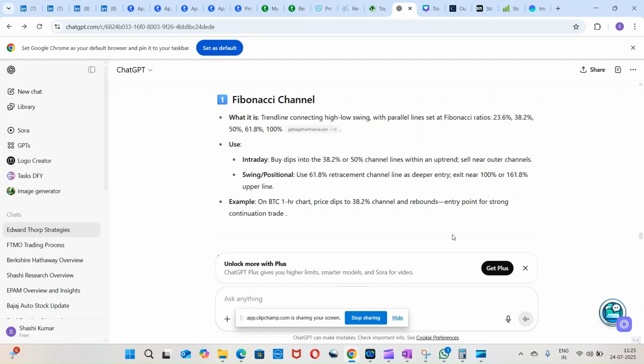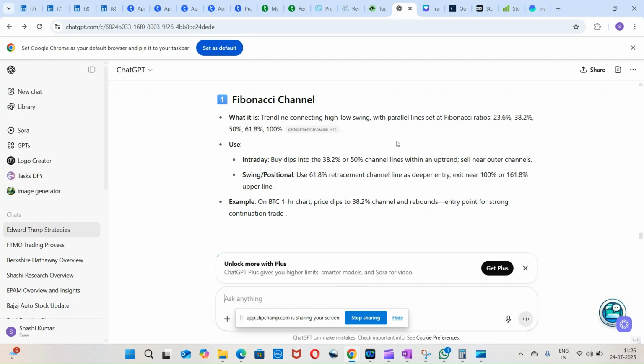And how can we use this Fibonacci channel? For intraday, you buy dips into the 38.2 or 50% channel lines in an uptrend and sell near the outer channels. The market is moving up, then retracement happens to 38.2%, and then it may go up. Some profit booking happened, which is the retracement, and then the market trend continues.